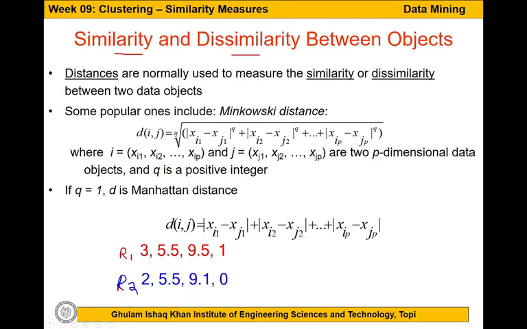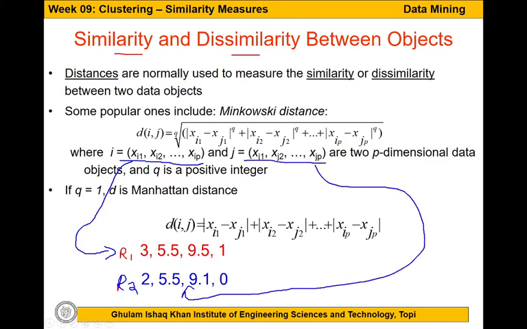So this is record number 1, and this is record number 2. Now what will we do? We will pick the first attribute from here and the first attribute from here, then the second attribute from each, and put them into the formula. We will obtain the value.